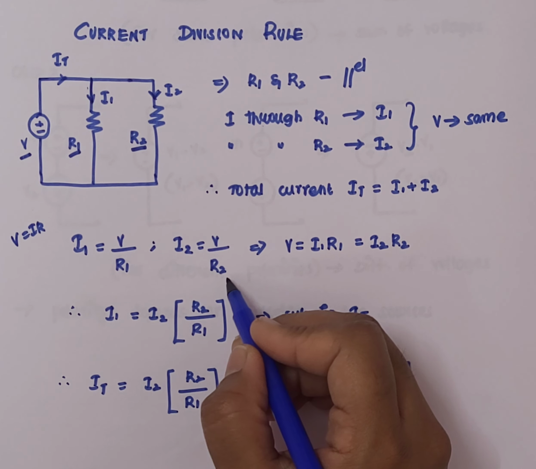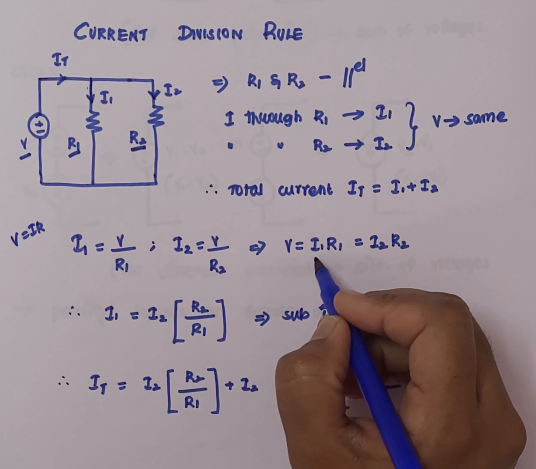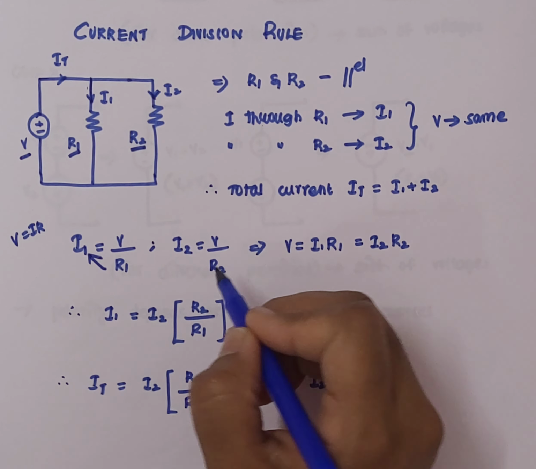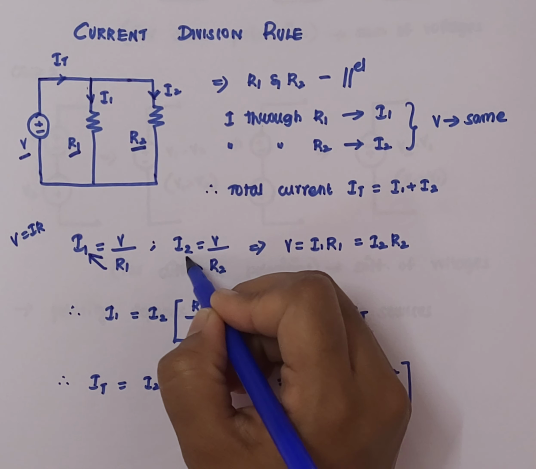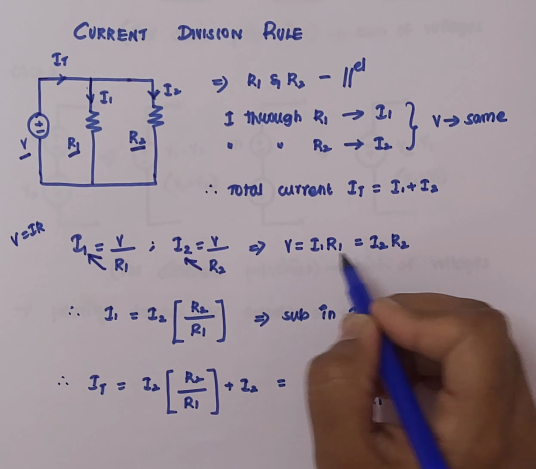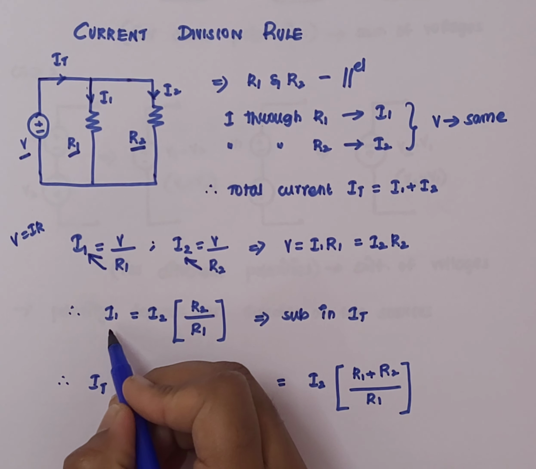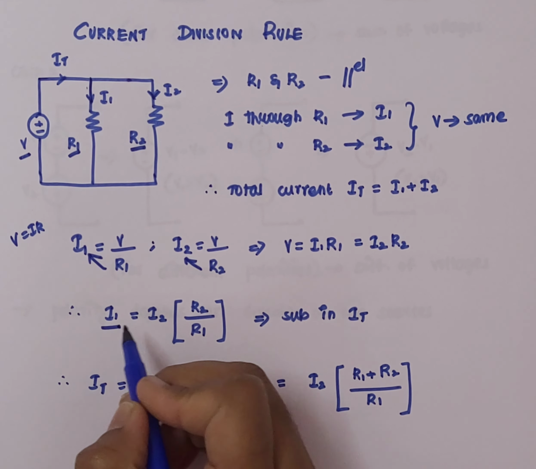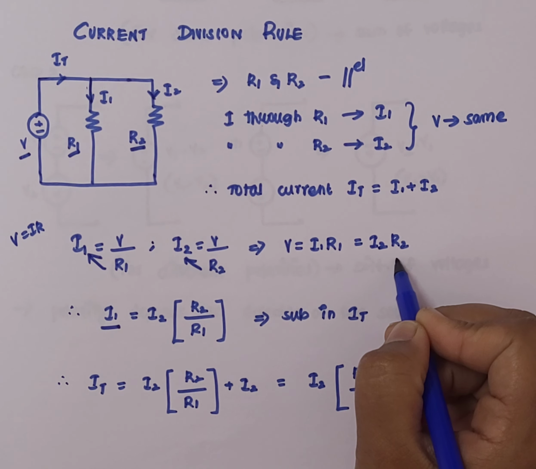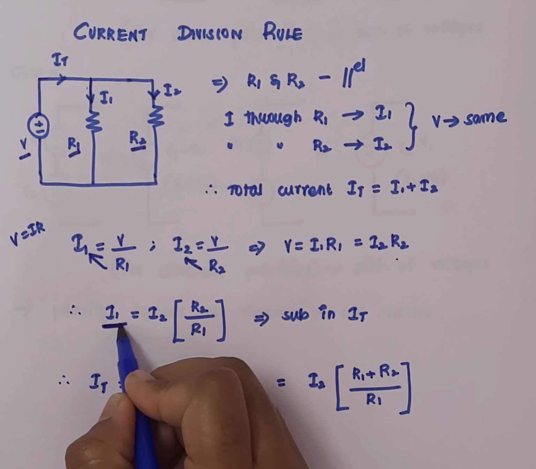So from these equations we can write V is equal to I1 into R1. Similarly, V is equal to I2 into R2, which means both are equal to the voltage, so we can equate them. From this equation, let us consider the value of I1 alone, which is equal to I2 into R2 divided by R1. This will be the value of the current I1.